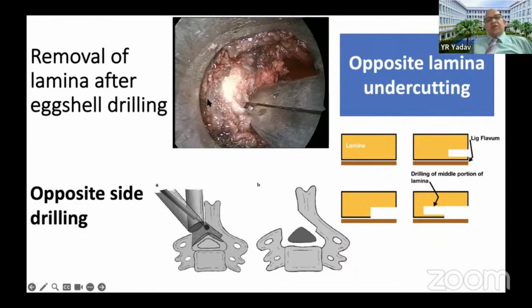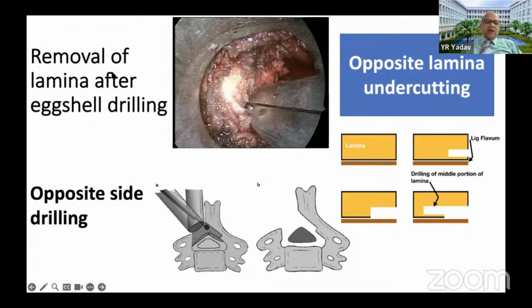I use only a 1 millimeter Kerrison punch. If there is too much compression and you use a thick Kerrison punch, it may cause irreversible damage. So go for eggshell drilling, use a fine Kerrison punch, especially in poor neurological status, or even use micro forceps to remove that axial part of the lamina.